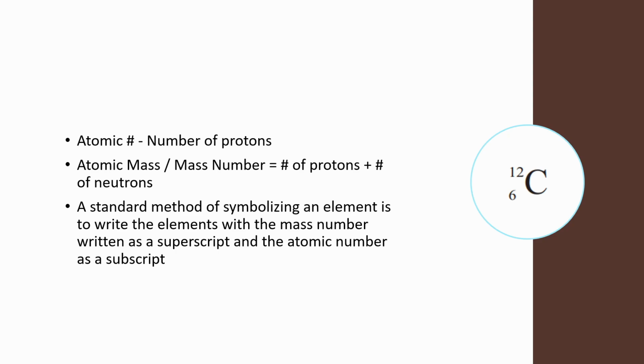When we usually describe an element, there is a standard notation to denote the atomic number, the atomic mass, and the element itself. The standard method of symbolizing an element is to write the element symbol.